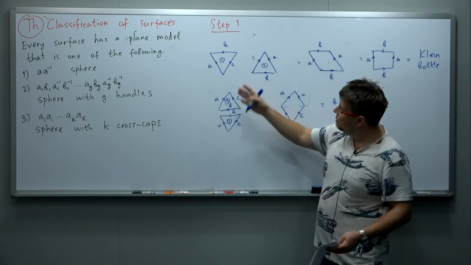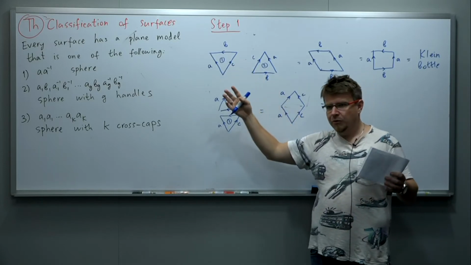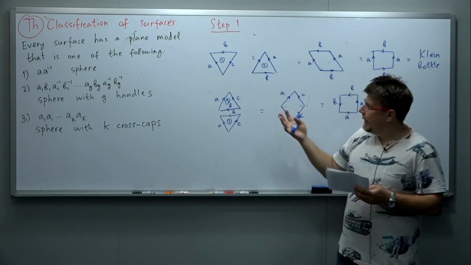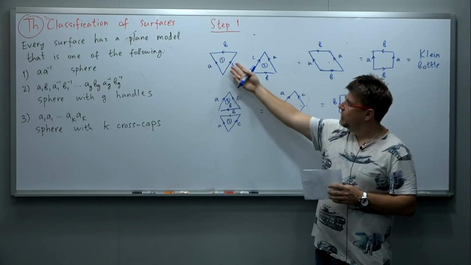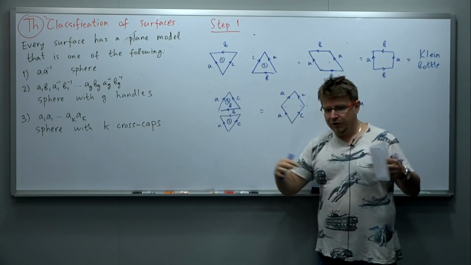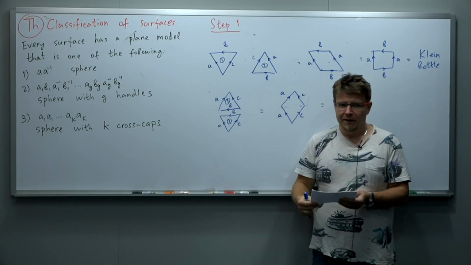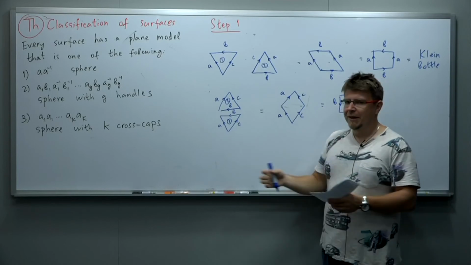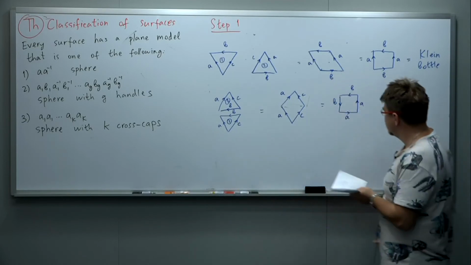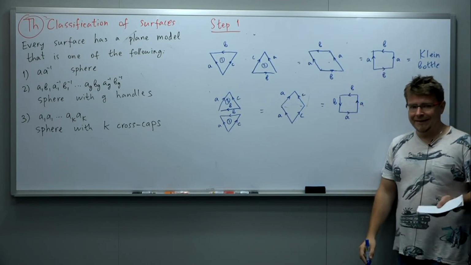This is because in both cases, we had our original surface, then we cut it into two triangles, and then we just used the labels to recover the original surface. But the way to put it together could be different. Of course, the original surface is still the same, but it's going to have two different manifestations or representations as a plane model. So this and this are two different plane models for the same surface.